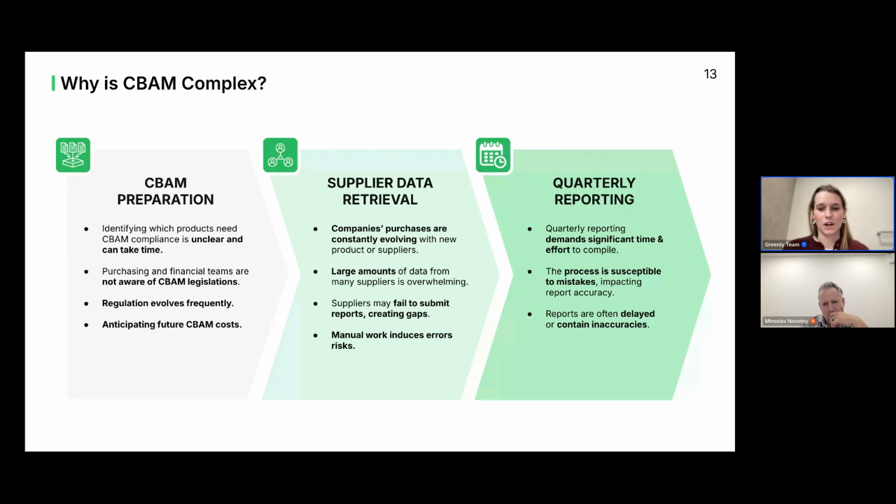Then let's talk about supplier data challenges. With evolving purchases and new suppliers, the compliance landscape is always shifting, and retrieving accurate emissions data from multiple suppliers in multiple geographies, in Asia, in America, etc., is really overwhelming, and sometimes suppliers fail to provide the necessary reports, leaving data gaps.